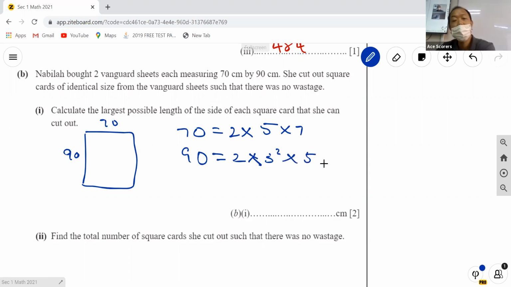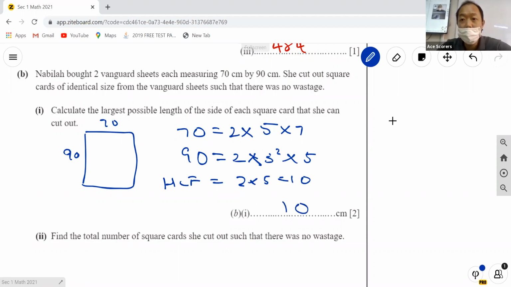Okay, so I want to find HCF. So how to find HCF? Choose the lowest power. So the lowest power here is a 2. Don't have a 3, so lowest power is a 5. So HCF equals 10. So this is actually an HCF question. Okay, so the largest possible length is equal to 10 centimeters.